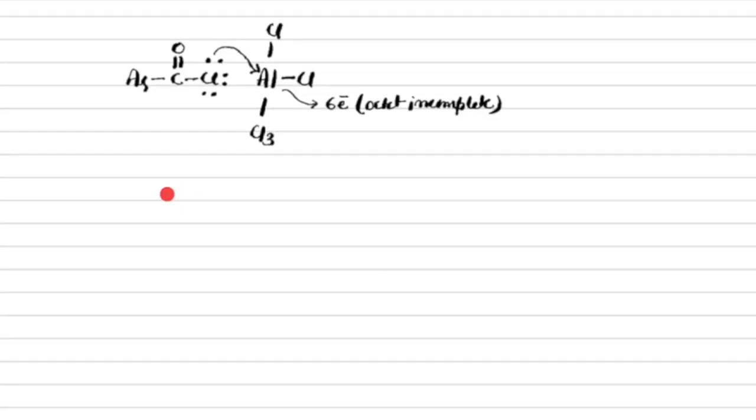Okay, so this will become Ar-C double bond O, right? And because this chlorine has given a pair to aluminium, this chlorine is now linked with this one. So aluminium has gotten a lone pair, so it will become negative. And because chlorine has given its pair, it will become positive. It has created one more bond.